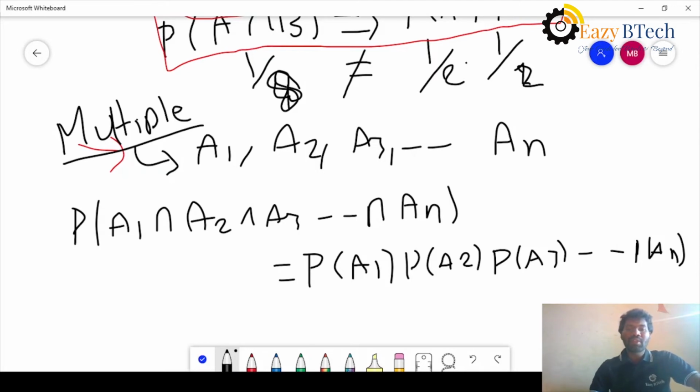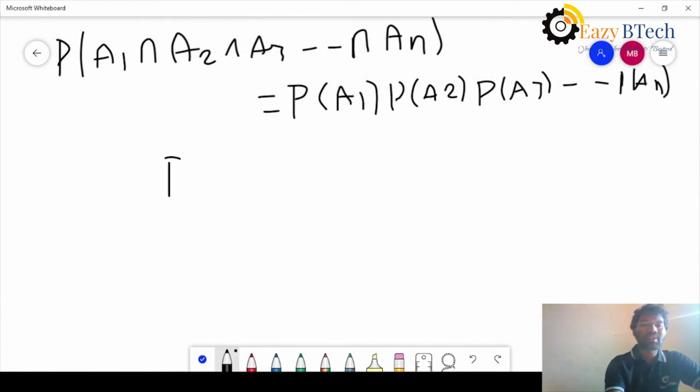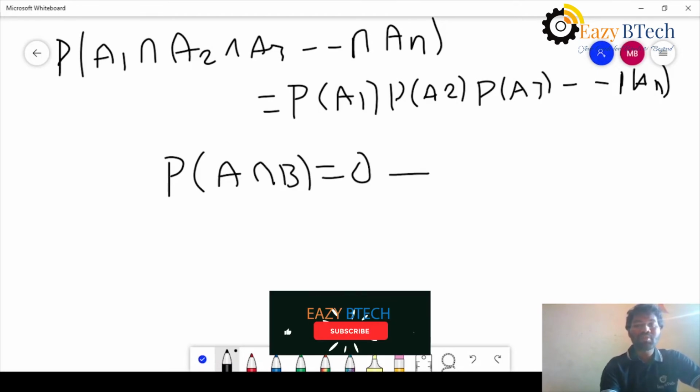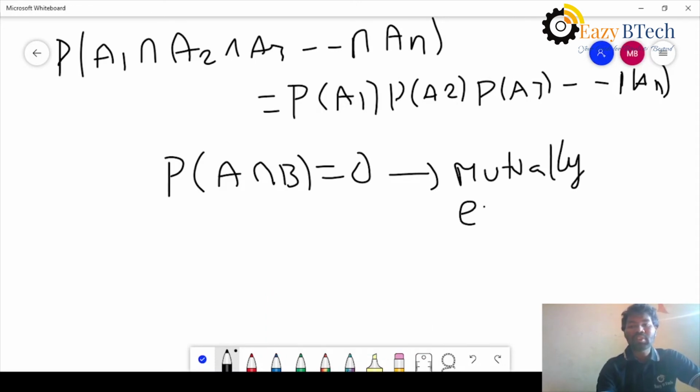Similarly, we already know that events are said to be mutually exclusive when P of A intersection B is equal to 0. In that case the events are mutually exclusive events.